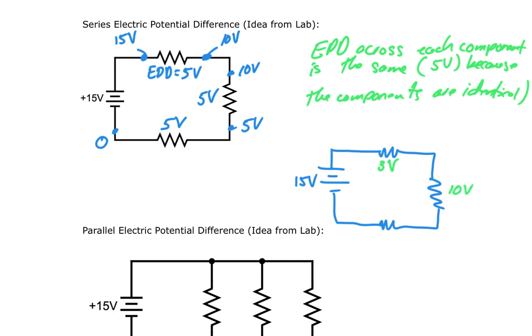What I want you to do is think about what the electric potential difference has to be right here. Well, if we started with 15 and we lost 3, and then we lost 10 more, it has to be a 2-volt electric potential difference here, because I know I have to end up back at the battery with 0 here. We started with 15 at the top, and we have to end up with 0 at the bottom.